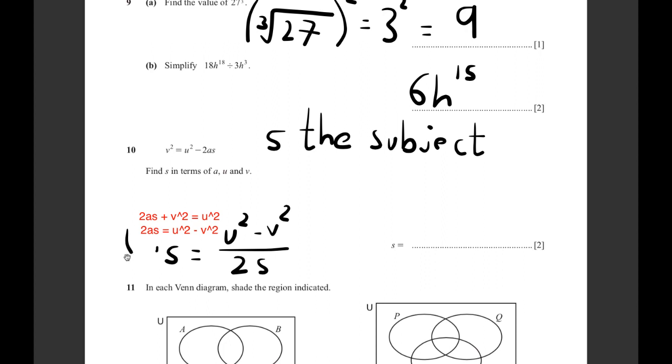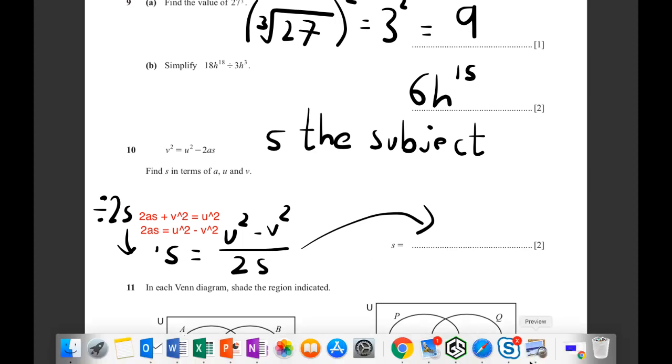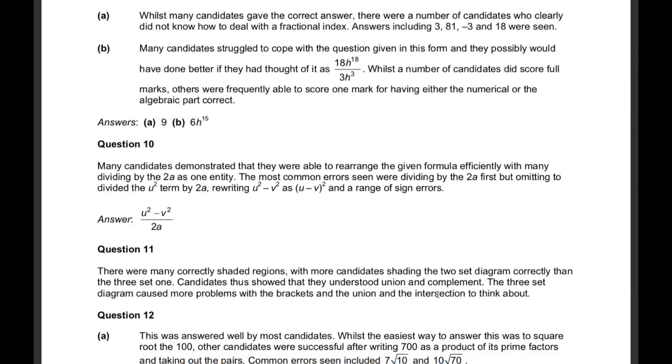And what we've done on both sides of the equation is that we've divided by 2s on both sides, and this is then our answer that we put into here. Okay, let's check the mark scheme. Any comments about it? So question 10.